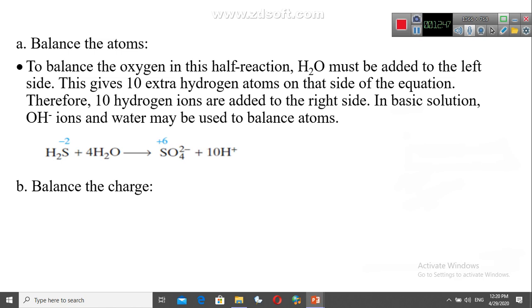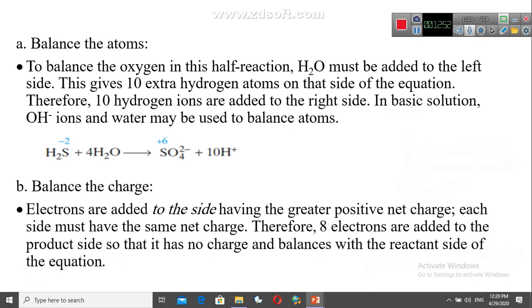The next step is to balance the charge. Electrons are added to the side having the greater positive net charge. Each side must have the same net charge. Therefore, 8 electrons are added to the product side.